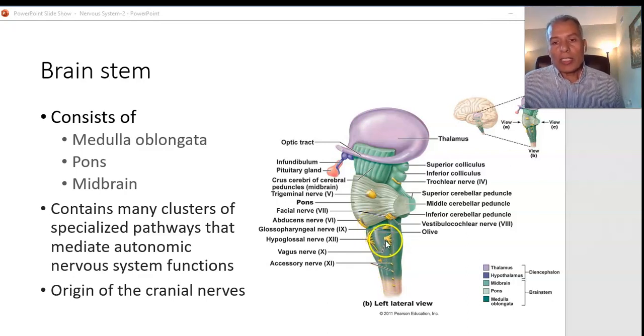So the brainstem has three main components: the medulla oblongata. Oblongata means long, medulla means chamber. The medulla oblongata, the lower part. Then we have the pons. Pons means bridge. And then we have the top segment, which is the midbrain. So these are the three pieces.